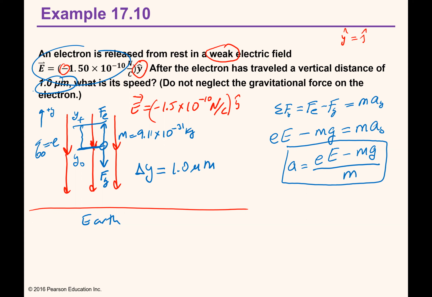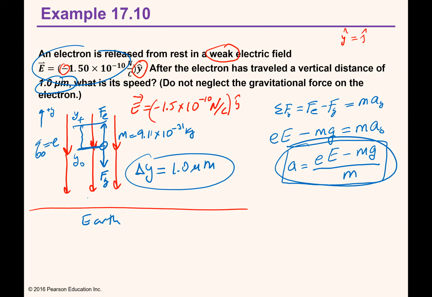There's upward acceleration, and it travels 1 micrometer. And we want to know what the speed is after it goes 1 micrometer. So this basically becomes a kinematic problem: an object accelerating over a 1 micrometer displacement starting from rest. What is the final speed, the final velocity?